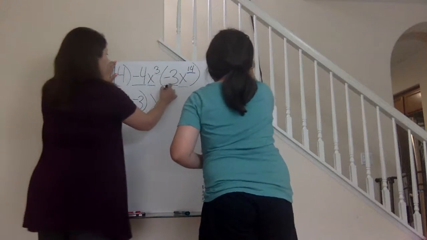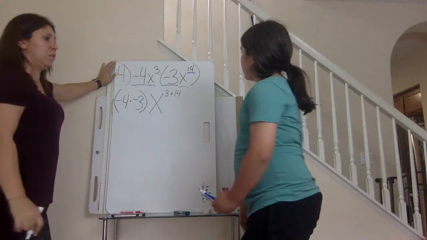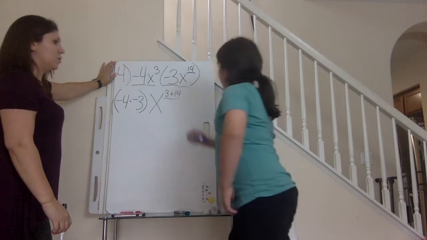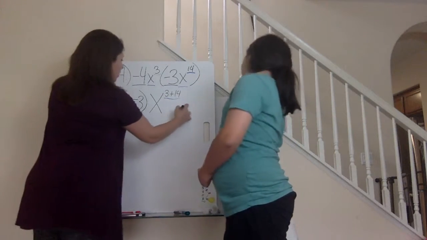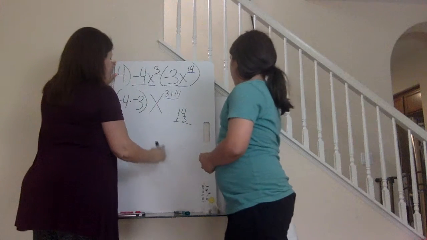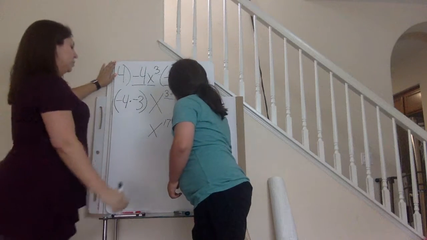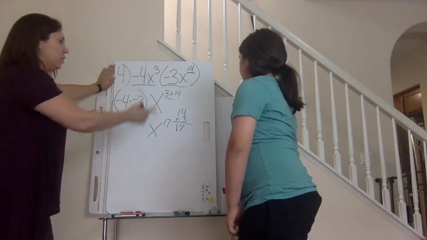And this time, since they're both positive, you do adding. So add them up. 14 plus 3 equals 17. And does it change negative or anything like that?